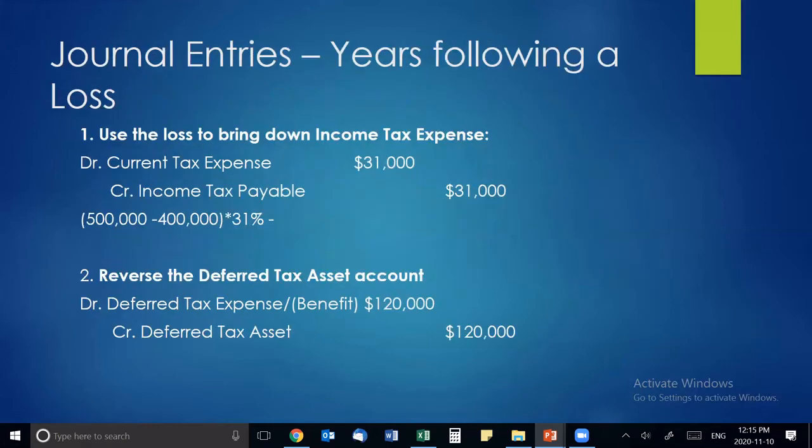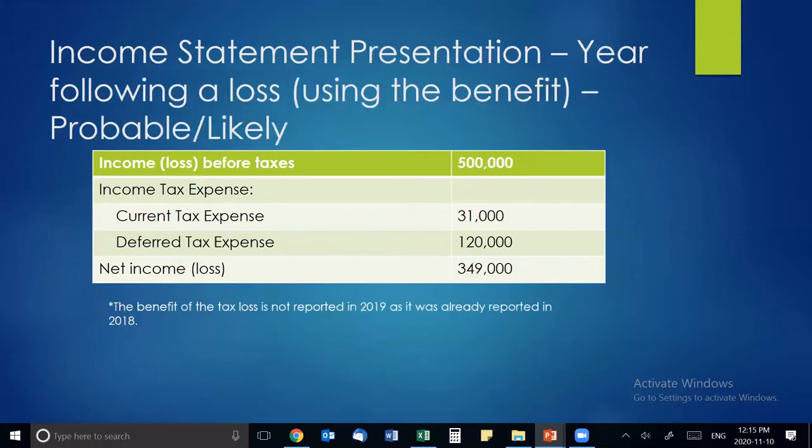For the year following a loss, we did these two journal entries. We debited current tax expense 31,000, deferred tax expense 120,000. So if we look at that, we had income of 500,000 before we allocated our loss. For this example, we're going to assume that accounting income and taxable income are the same.